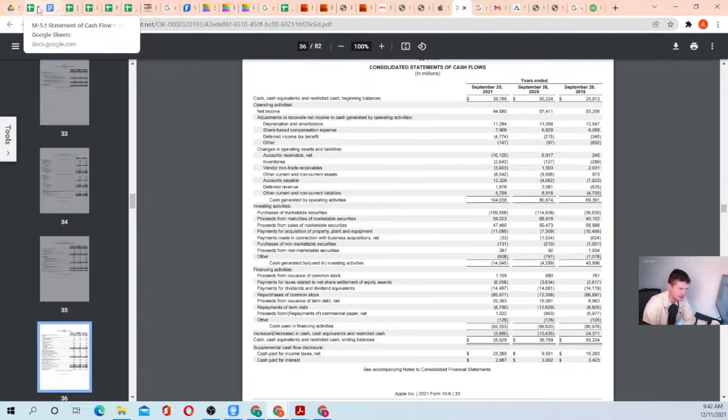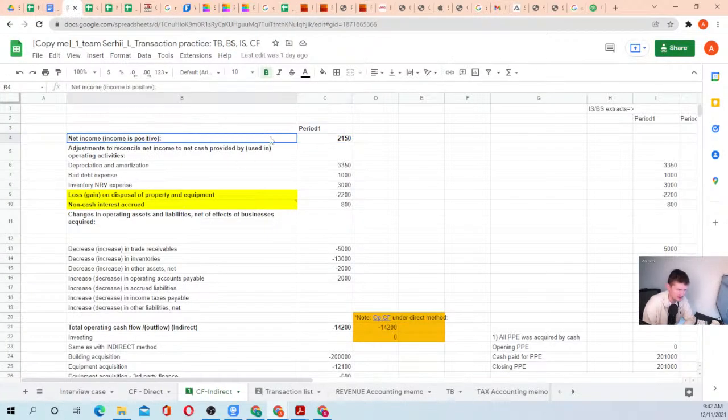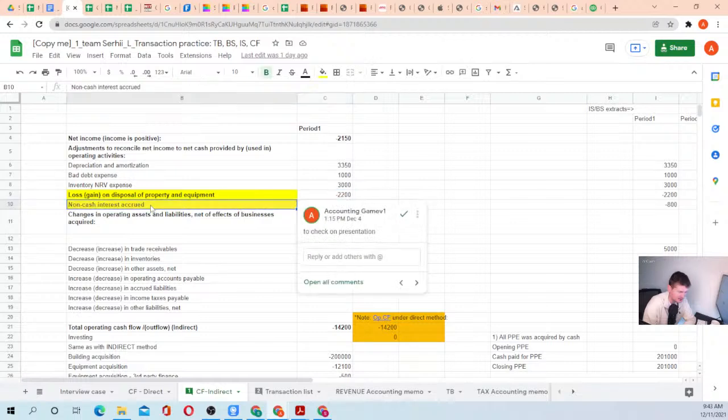And in indirect method, you start with net income and you adjust net income for different non-cash activities like depreciation, bad debt expense, inventory provisions. Then you have some kind of reclasses related to non-operating cash flows, related to investing activities and financing activities. You also have some non-cash items.